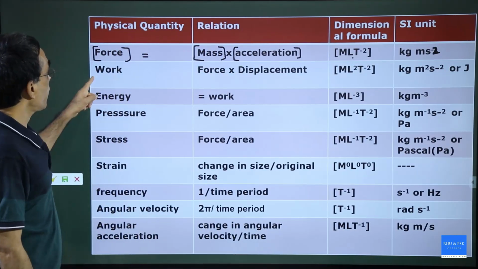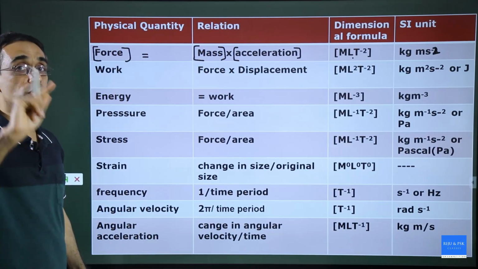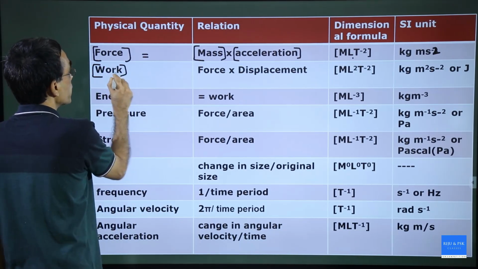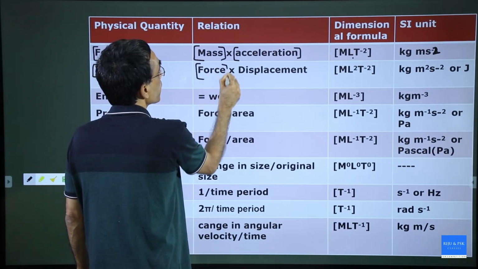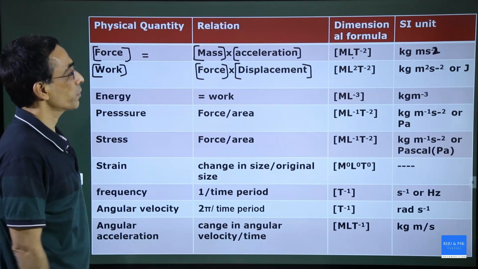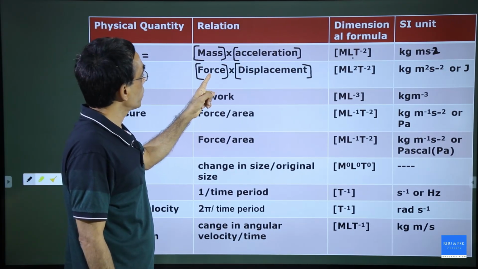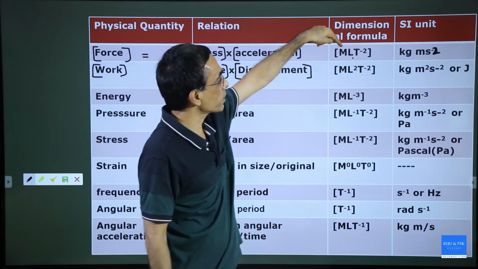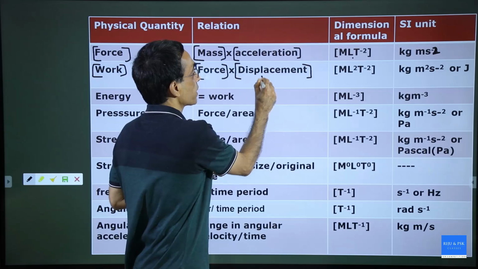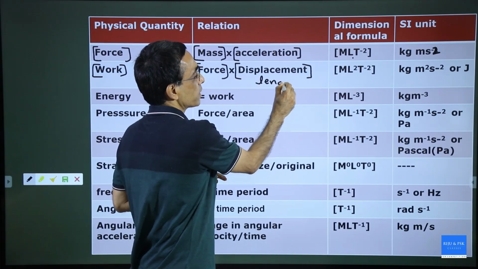How to get work? Work is force into displacement. So dimensional formula of work is equal to dimensional formula of force into that of displacement. We know force is given by M L t raised to -2 into displacement. Displacement is the length. We discussed in the previous class.